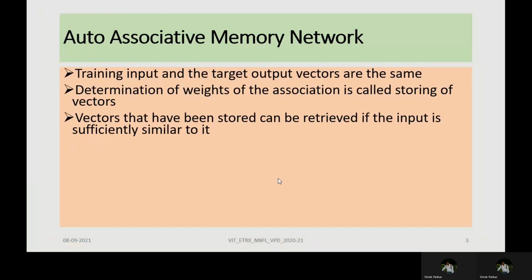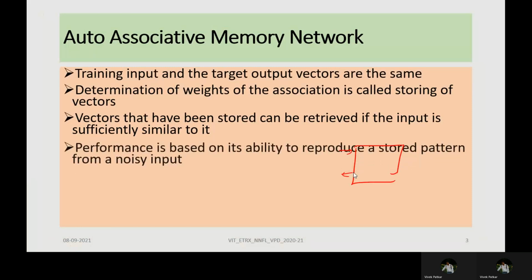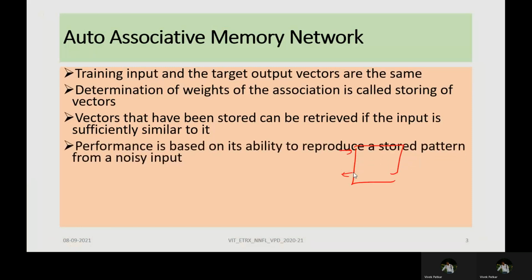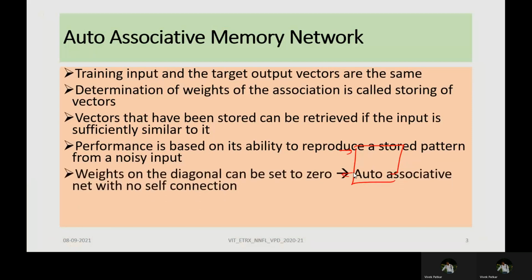Whenever the input vector is quite similar to one of the stored patterns, it will return the corrected pattern to us. Performance can be measured by the ability to reproduce the correct stored pattern from the noisy input.